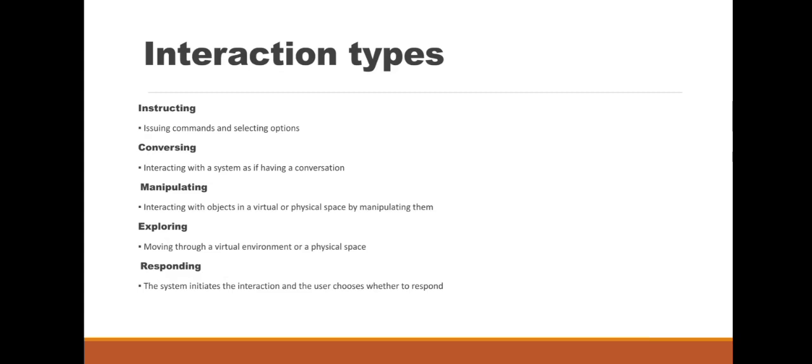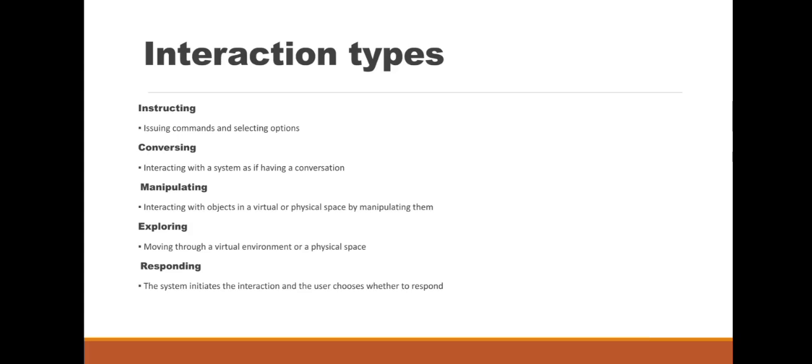Manipulating: the user interacts with digital or physical objects by manipulating them directly, often in graphical interfaces or virtual reality environments. Example: dragging and dropping files on a computer or moving objects in virtual space with a controller. Exploring: the user moves through or interacts with a virtual or physical environment to discover new information or experience.